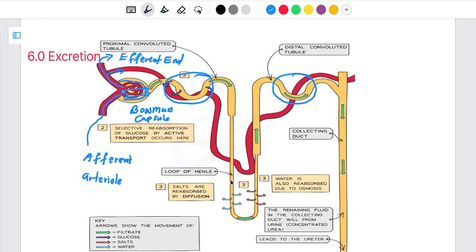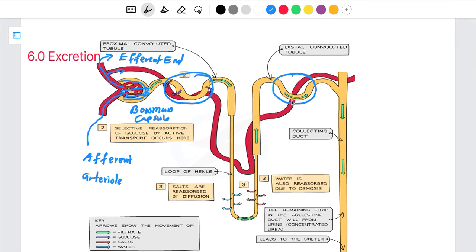So you have to know the substances which are reabsorbed here. So have these substances like salts, the absorption by diffusion. Also have on this part here. But when it comes to thick ascending, only solutes are reabsorbed, not water. Also have the distal convoluted tubule, which becomes permeable under the influence of antidiuretic hormone.